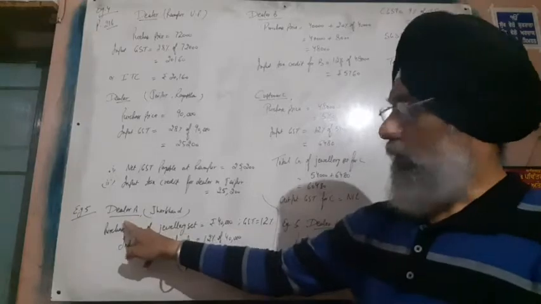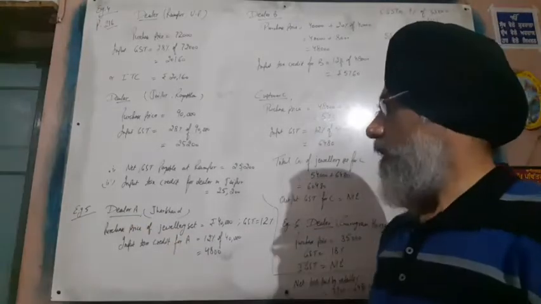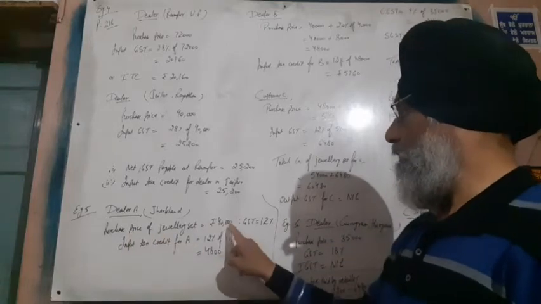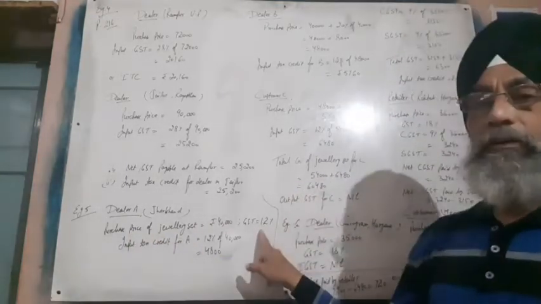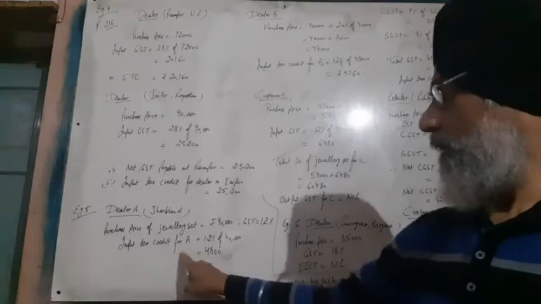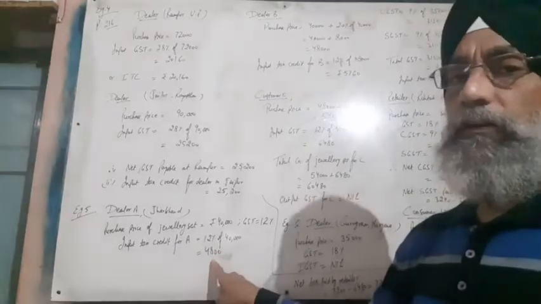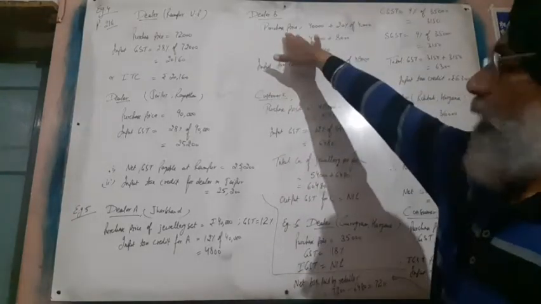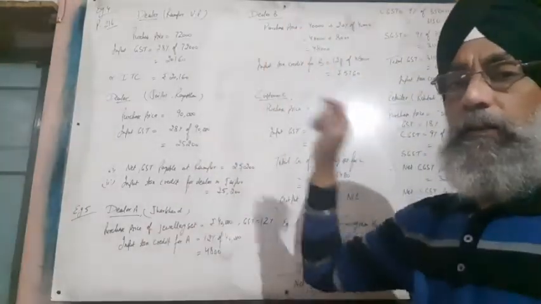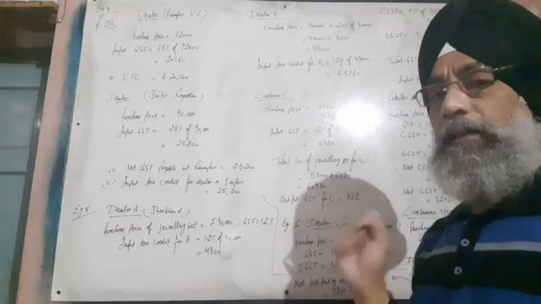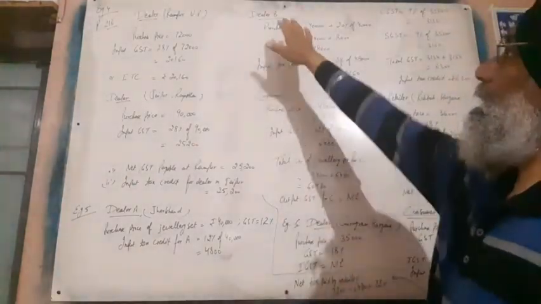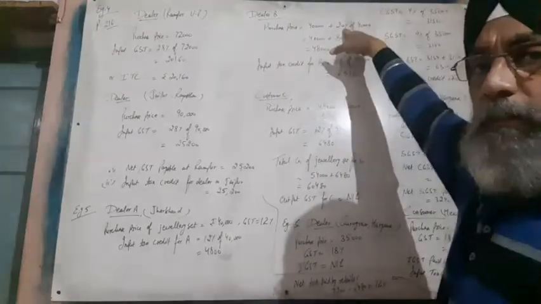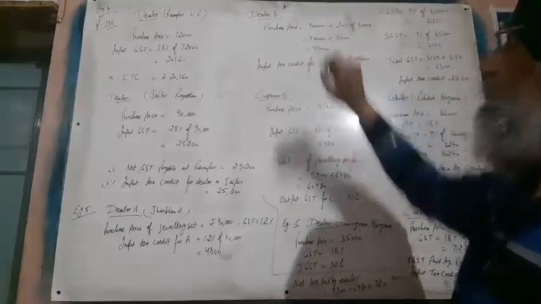Now, in example 5, it is given that there is a dealer A in Jharkhand. Purchase price of a jewelry set is 40,000. GST is 12%. Input tax credit becomes 12% of 40,000, which is 4,800. Dealer A sells this jewelry set at a profit of 20% to dealer B. So the purchase price becomes 40,000 plus 20% of 40,000, which gives you 48,000.